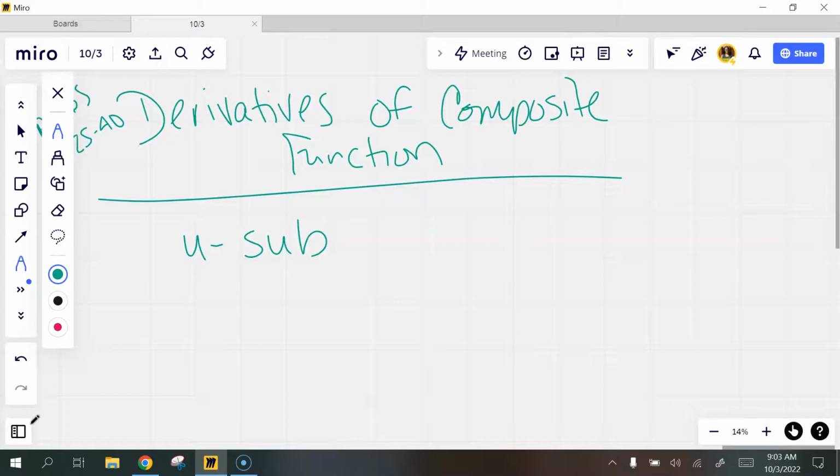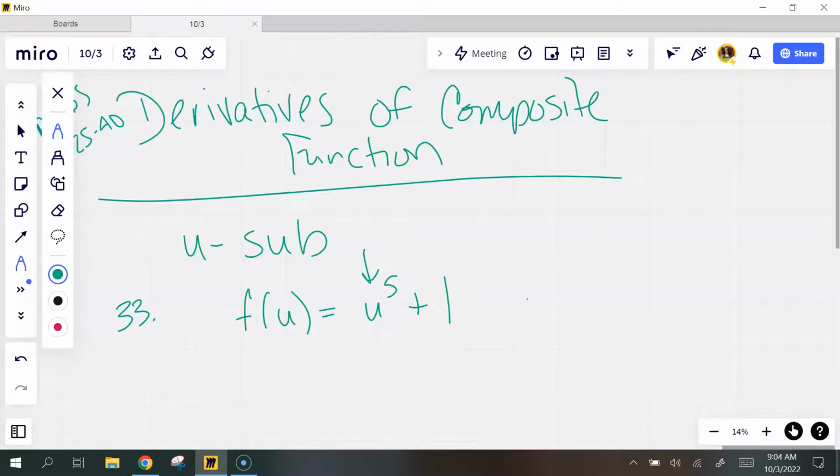So for instance, number 33, it's easier just to show you with an example. It says, let f of u be u to the fifth. This is why we call it u substitution. We let u represent some function.